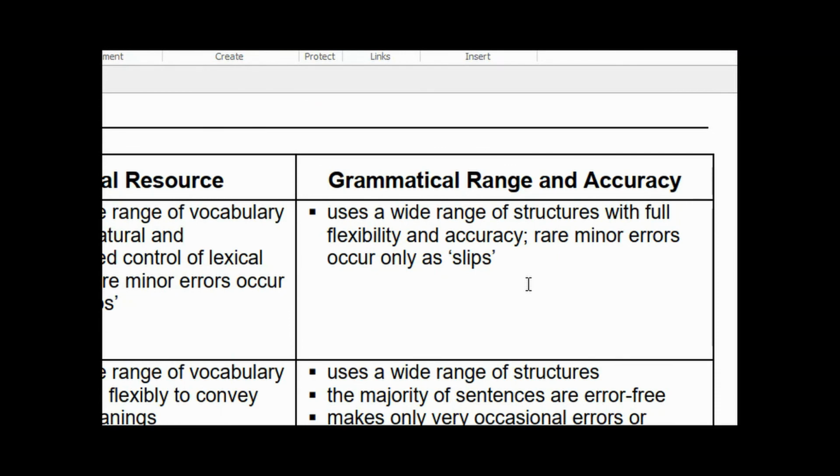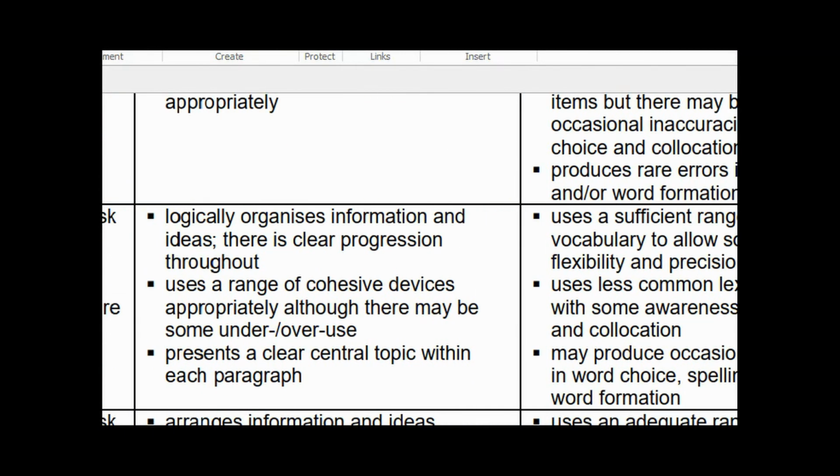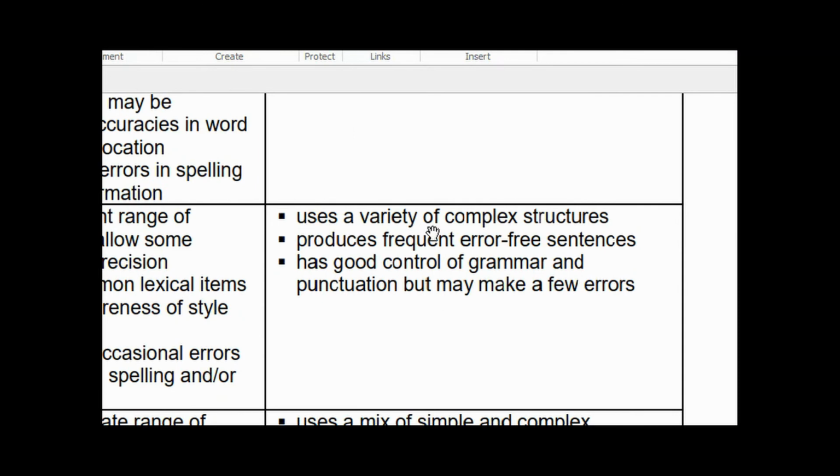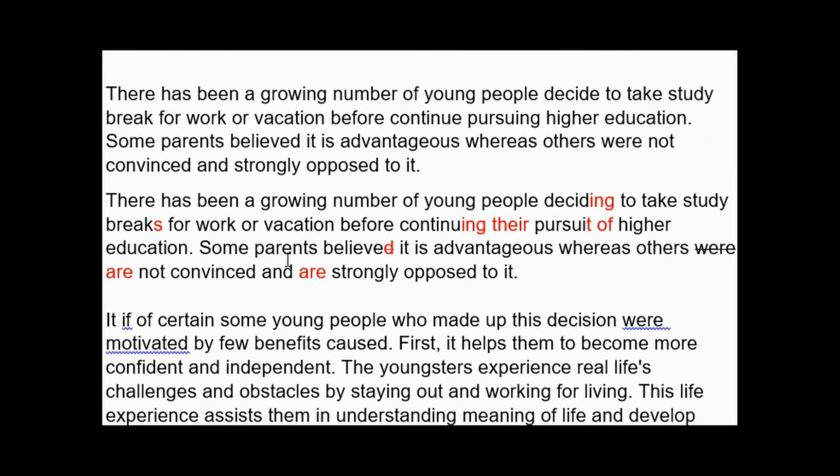And then let's have a look at grammar. Here is 7 again. It says uses a variety of complex structures, produces frequent error-free sentences. Frequent error-free sentences. Well, you can't say that's true, can you?